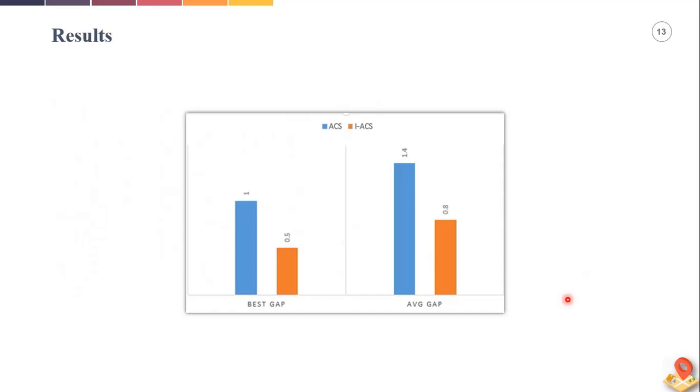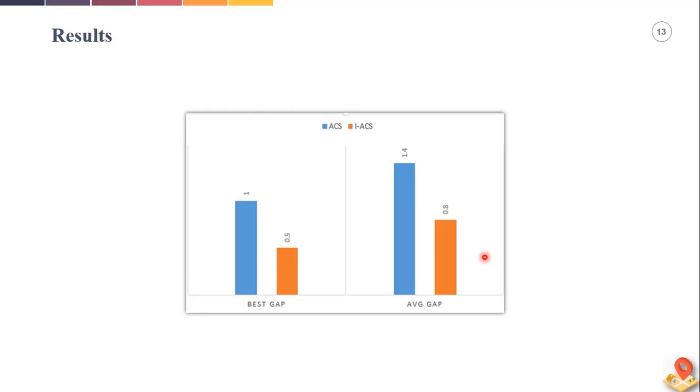Benchmark 2 includes 59 instances. The gaps of 26 instances are 0 for I-ACS and ACS algorithms. In the remaining 33 instances, the I-ACS algorithm has better results, and only in 5 instances has worse results.